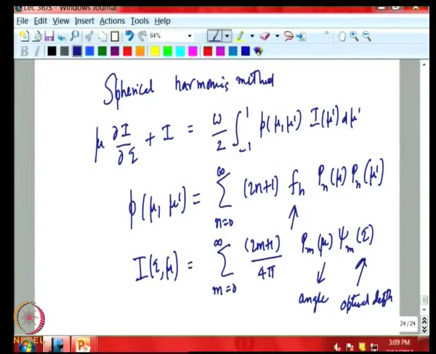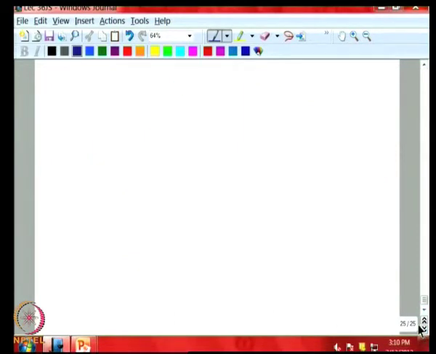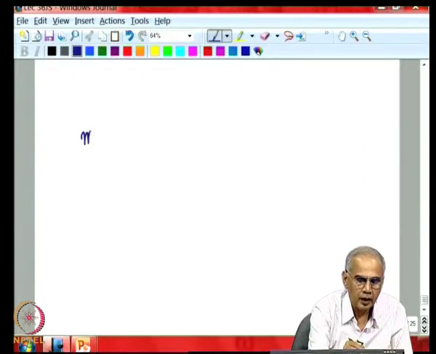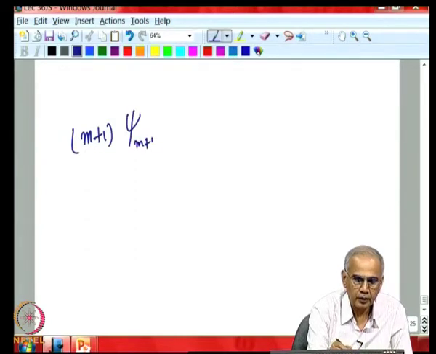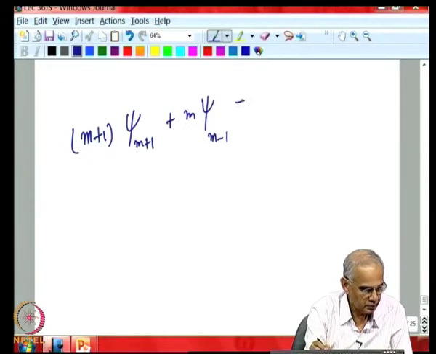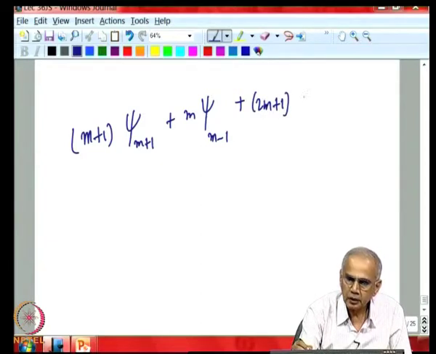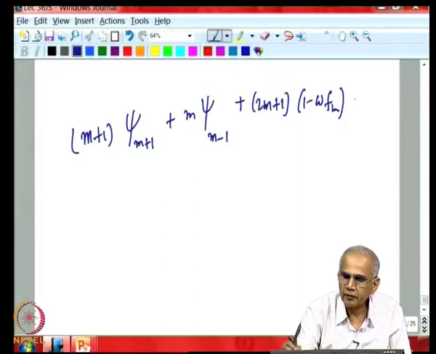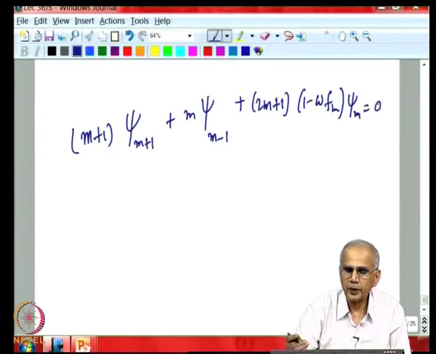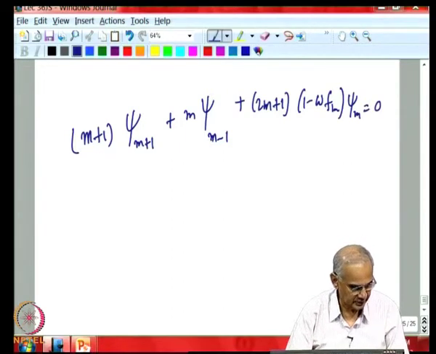And you can substitute all this there, and you will get something like (m plus 1) psi m plus 1 plus m psi m minus 1 plus (2m plus 1) into (1 minus omega Fm) into psi m is equal to 0. This kind of equation we will get for the unknown psi.